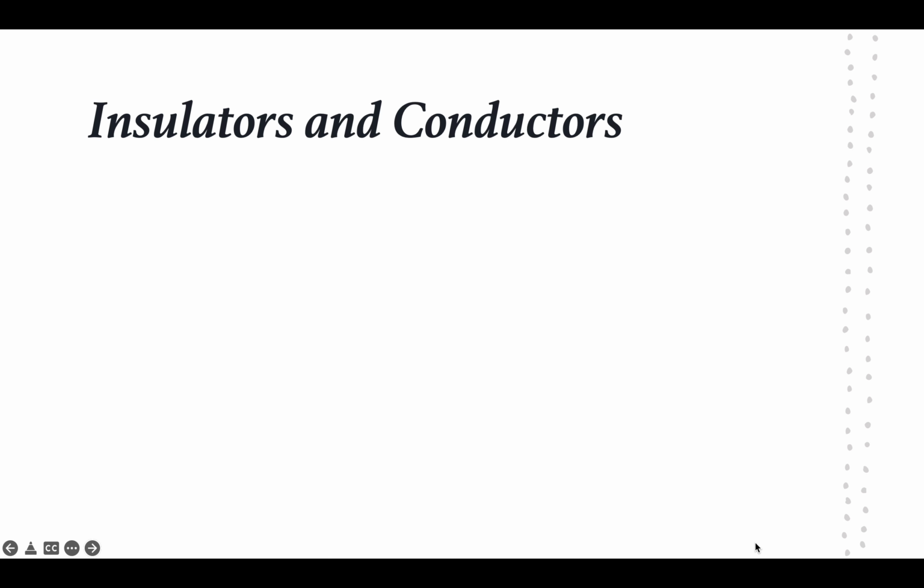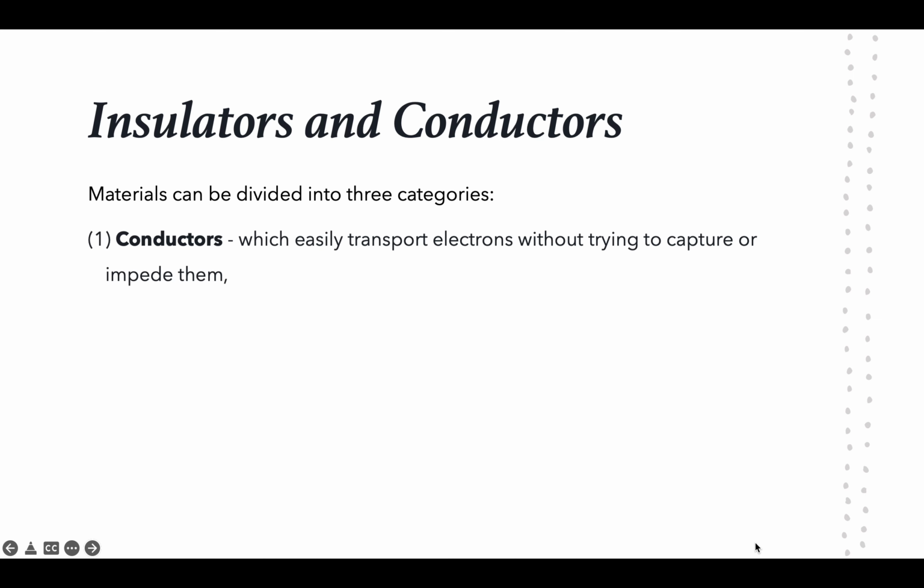Now, how can charge be transported from one object to the next? Well, it usually needs a conductor, right? It usually needs a way to conduct, which materials can be divided into these three categories.